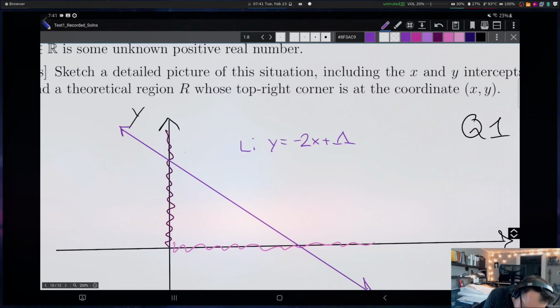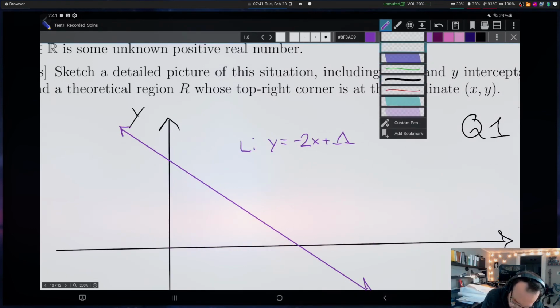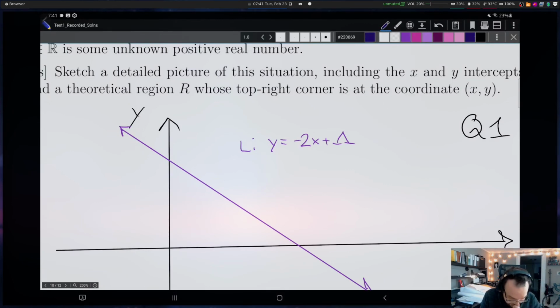Okay, whatever region I'm building, or rather the corner of it, needs to be on this line. So there's a top right corner, for example, and the sides are going to be along these axes.